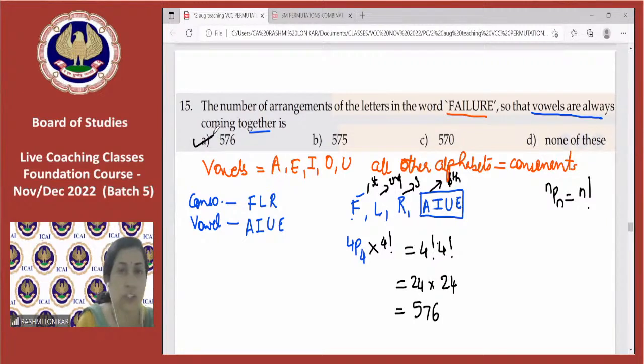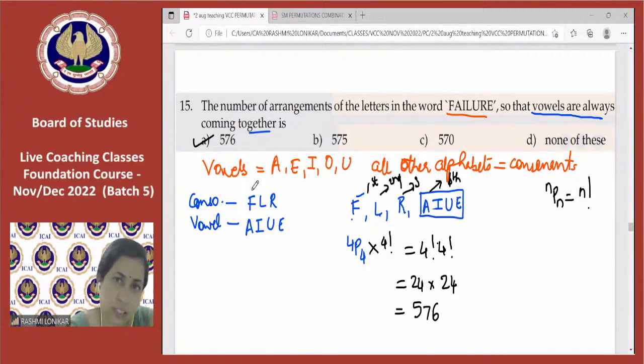First, in this question, I have to separate the consonants and the vowels. Once I have separated them, I have to take the vowels together. So I consider this as good as one letter. All the 4 vowels that I have in the word failure, I consider them as together.